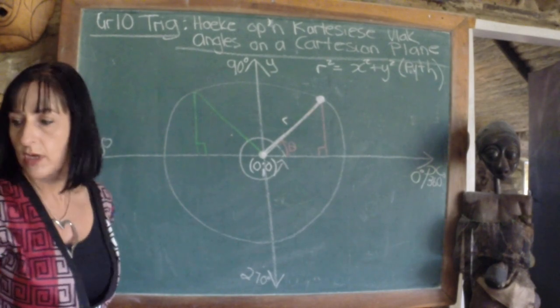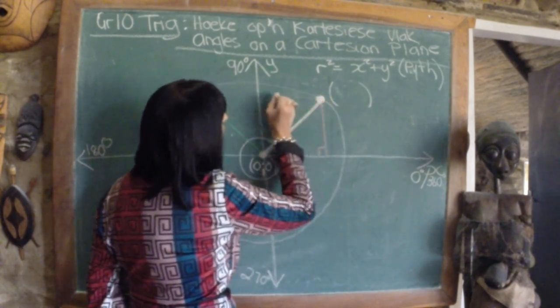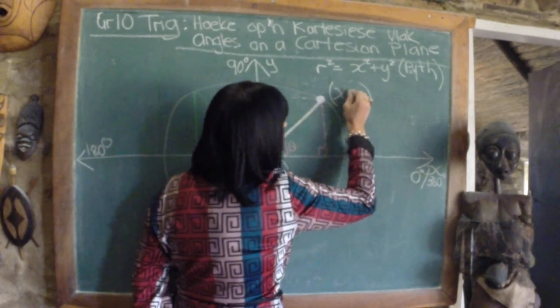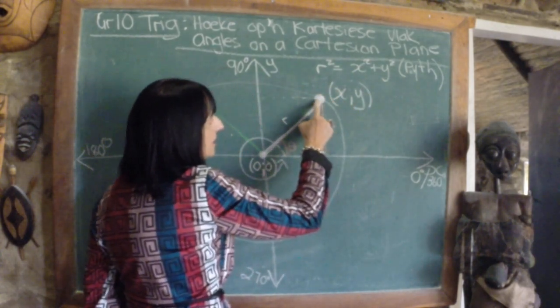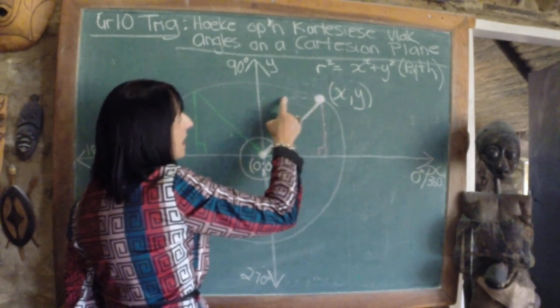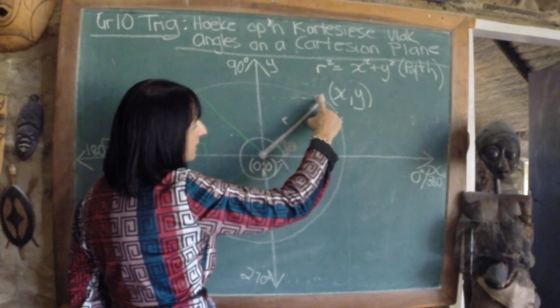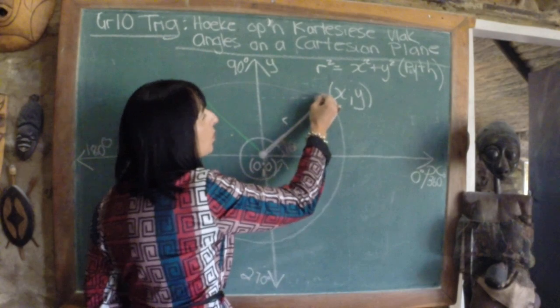En dan gaan ons ook kyk na hierso is 'n koördinaat, a coordinate with an x and a y value. As ons nou hierdie koördinaat kyk, dan kan ons die x waarde aflees van die koördinaat af, as well as the y value we can read from this coordinate.